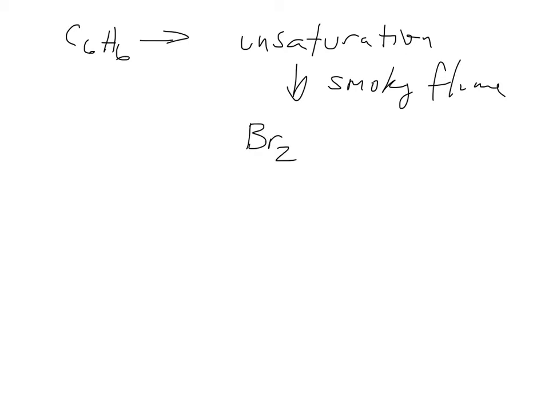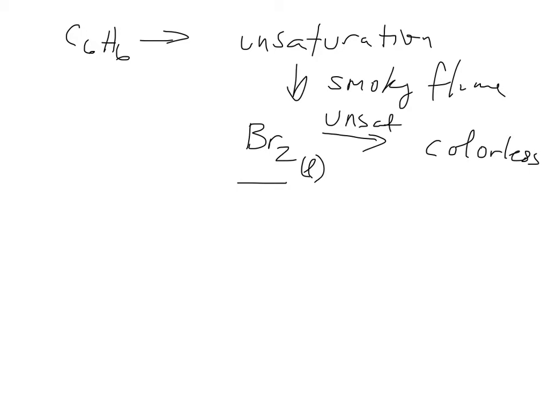Bromine, nice brown liquid. When you add bromine to something that's unsaturated, the brown liquid goes nearly colorless. Okay? Or for those of you who drink Mountain Dew, it goes kind of an ugly, weird green.